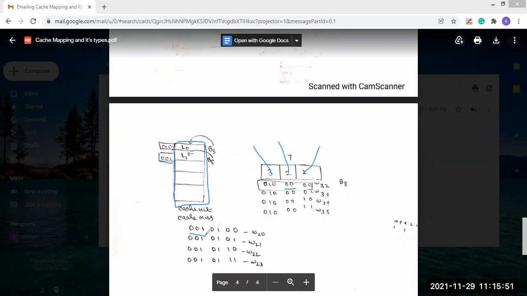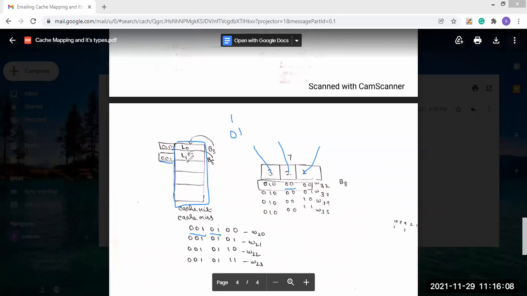After that, line number 1. We know the line number is 2 bits, so we represent 1 using 2 bits, 01.